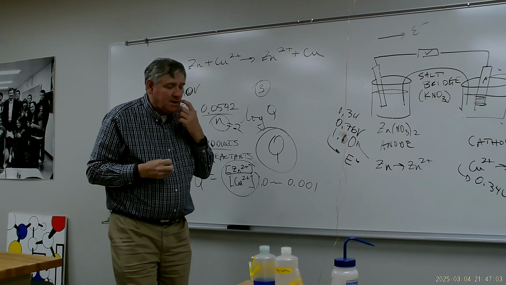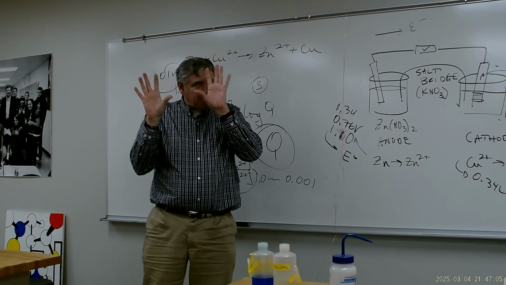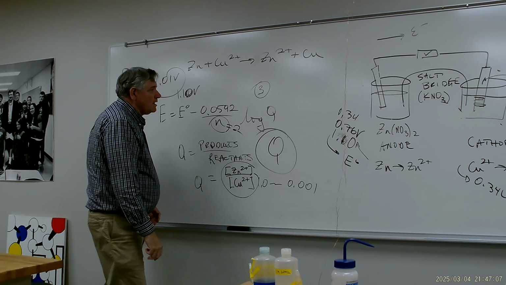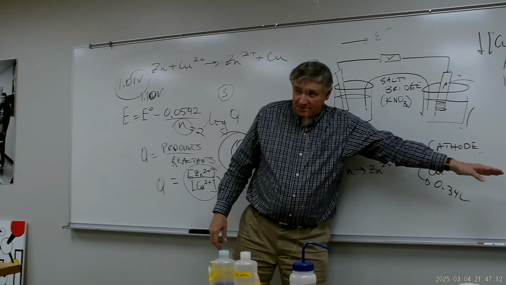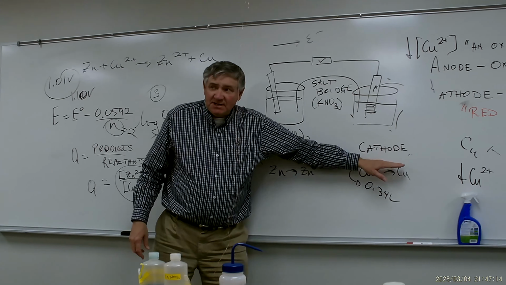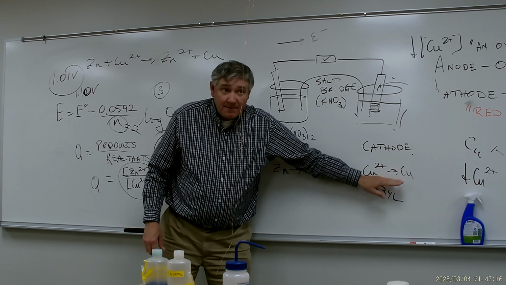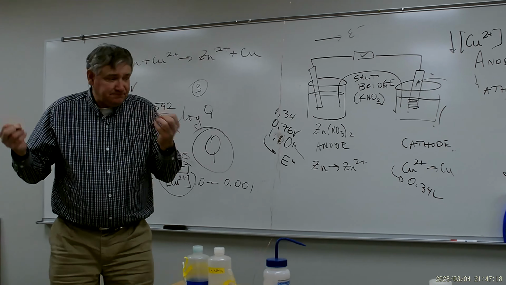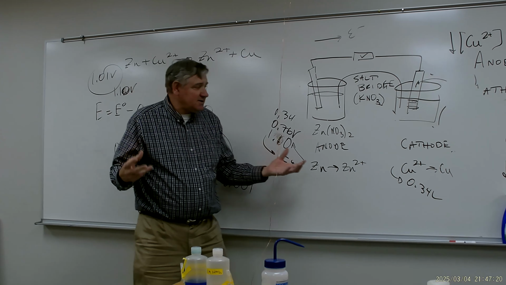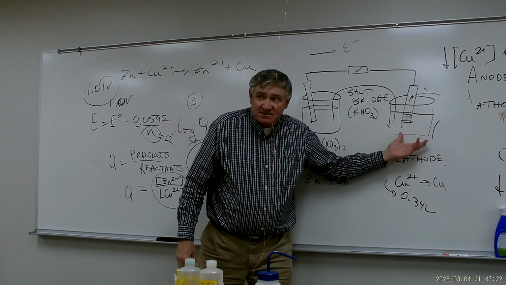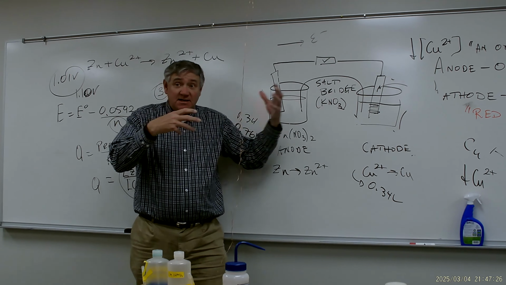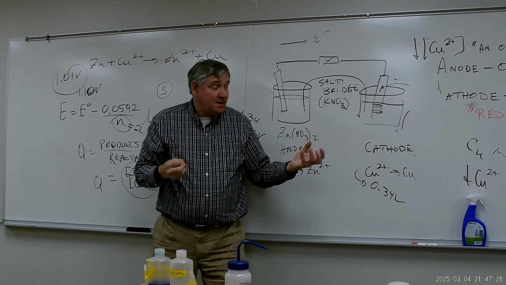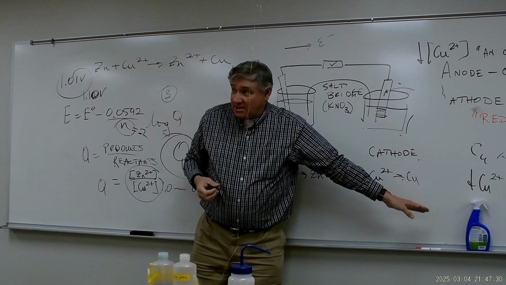Cool. Now, if you want a socioeconomic way to look at this, the copper ions are pulling the electrons. So by decreasing the concentration over here, if you view this from a party perspective, when I decrease this concentration, there's fewer copper ions per unit of volume asking the electrons to come over.